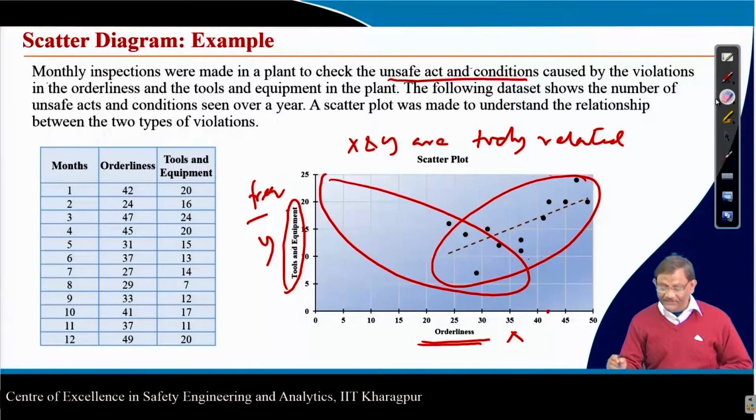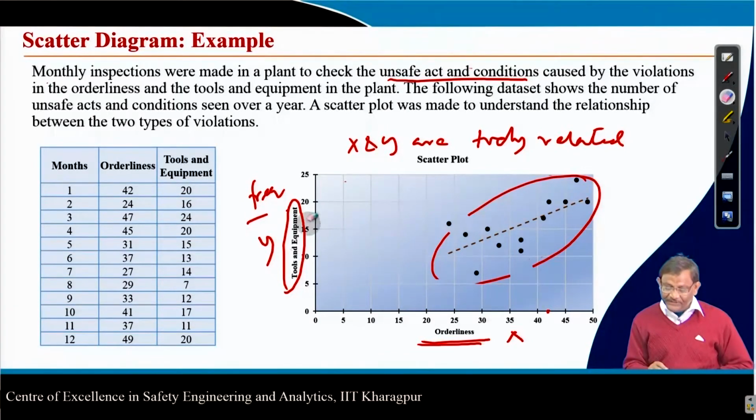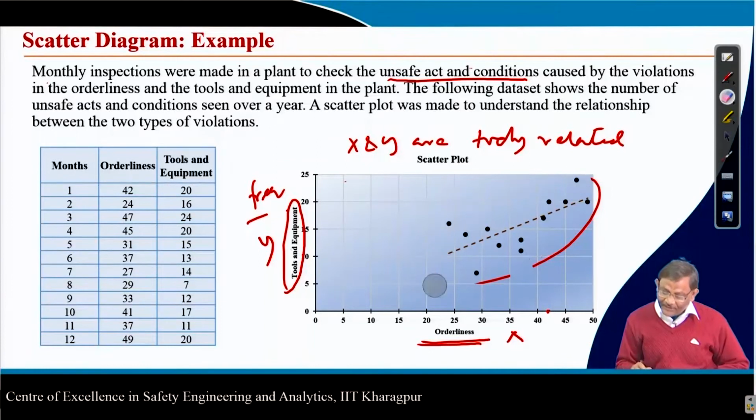If the frequency of inspection increases, then the violation will be reduced. So the negative relation will come. Let me put it another way.